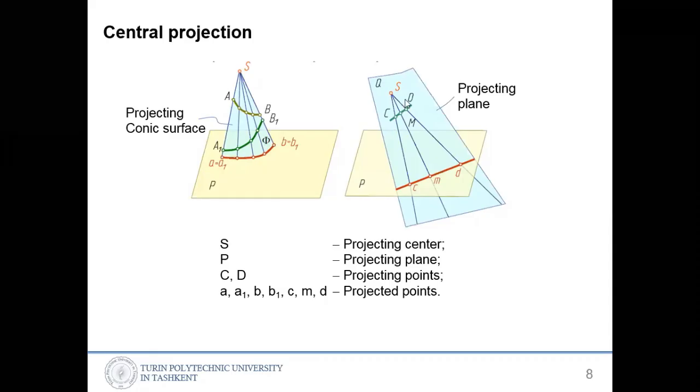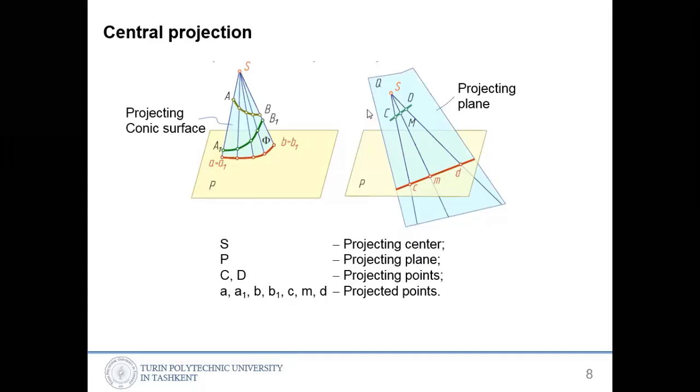Similar like this, C and D are given in the space, a line is given in the space, and using the S center we can have a line like this, rays, and then we can have this line.